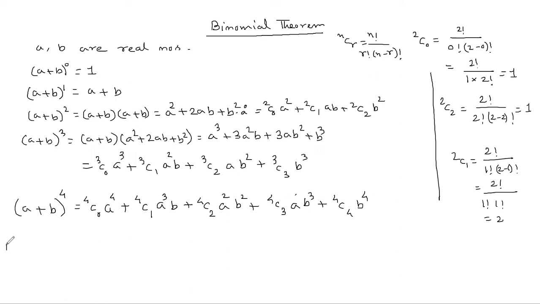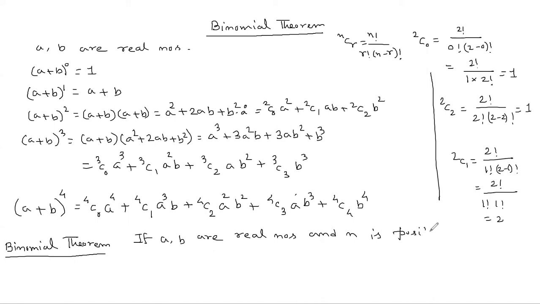That means now we can write the binomial theorem as: if a and b are real numbers and n is a positive integer, then (a + b)^n is the sum for r equal to 0 to n of nCr a^(n-r) b^r.